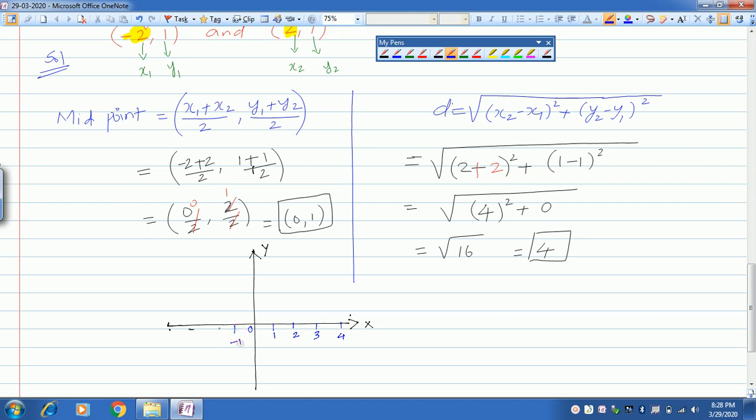Here minus 1, minus 2, minus 3. Here 1, 2. Now what are the points given here? We have minus 2 comma 1, it will be here. And 2 comma 1, it will be here.